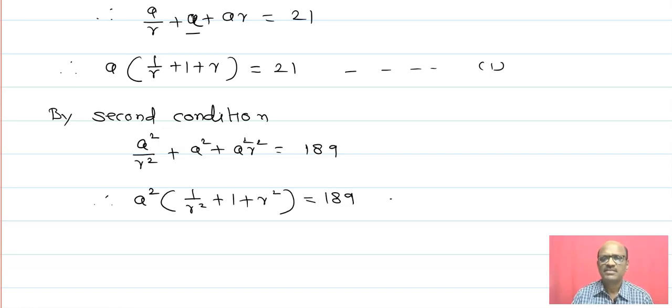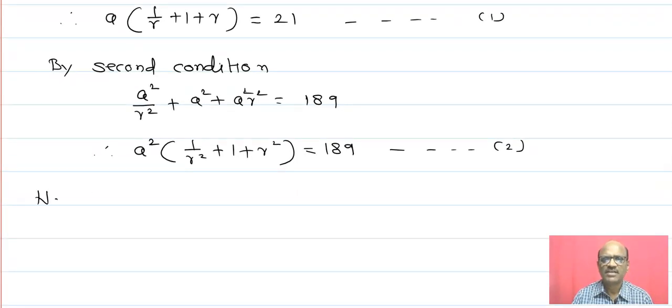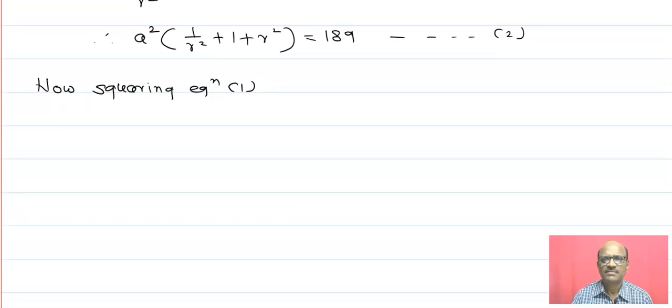That is the sum of their squares. Take a square as common, then you will get a square in bracket 1 upon r square plus 1 plus r square is equal to 189.